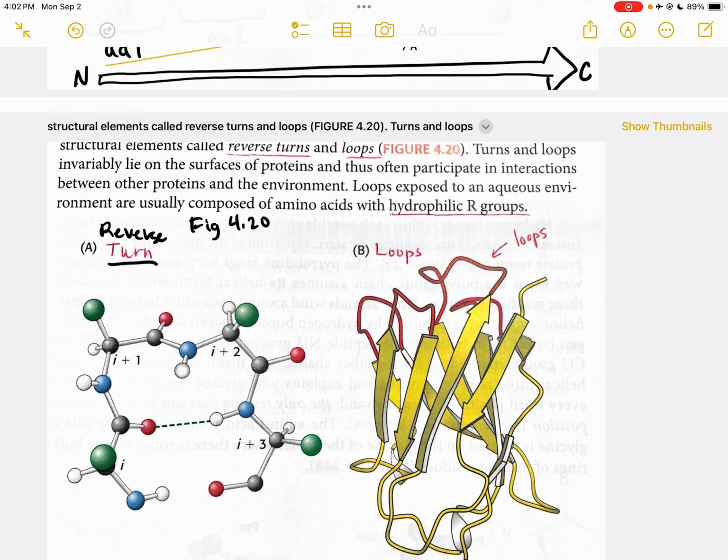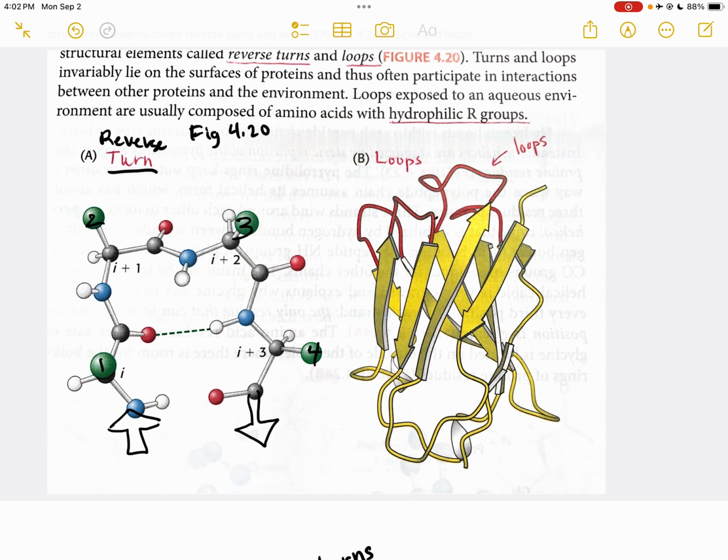And notice with the reverse turn, here's part of the beta strand, and then it continues this way. There's 1, 2, 3, 4 amino acids that make that turn. And sometimes if it's not just a simple turn, we call it a loop of some sort.